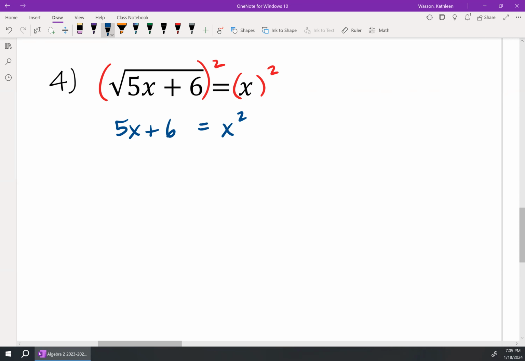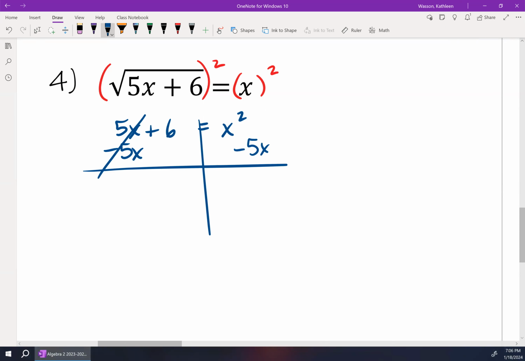Since I have x squared, I have a quadratic equation. So as explained with the steps for solving, I need to have an equation in the form ax squared plus bx plus c equals 0, a standard form equation. I'm going to move the left side over to the right side so that my x squared is positive.